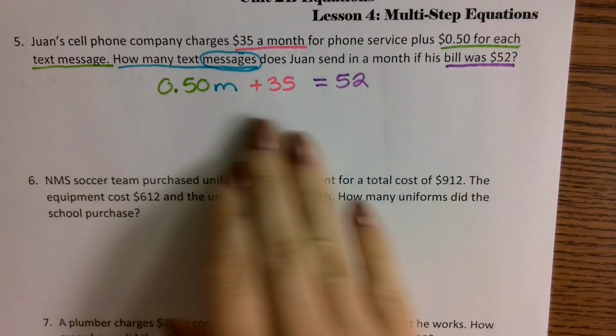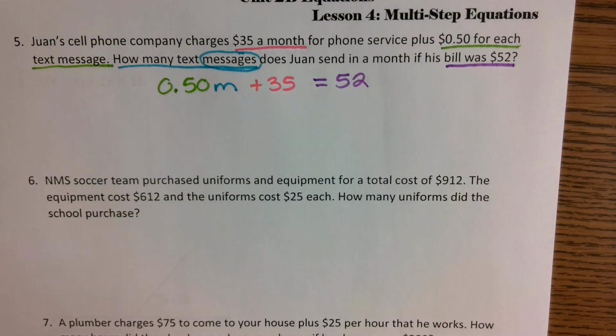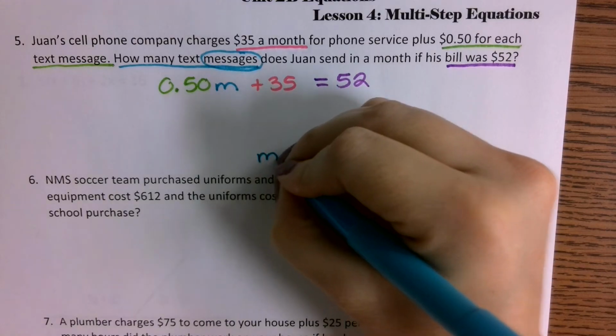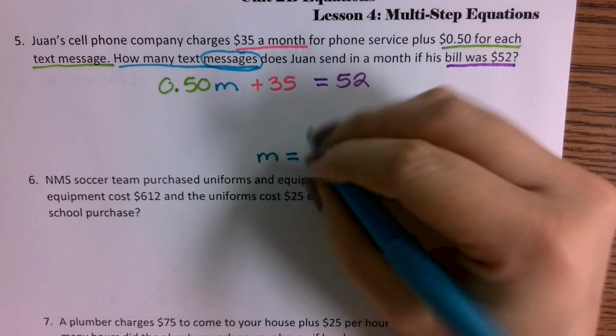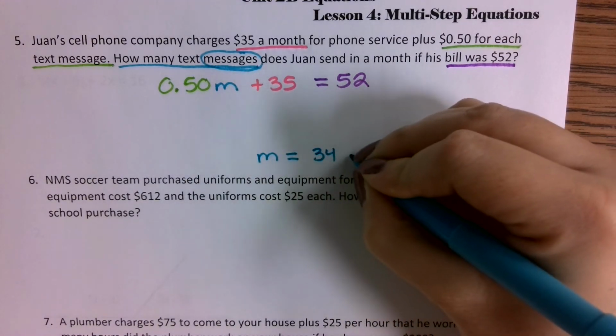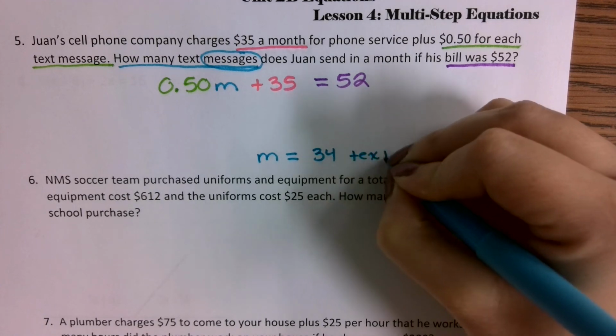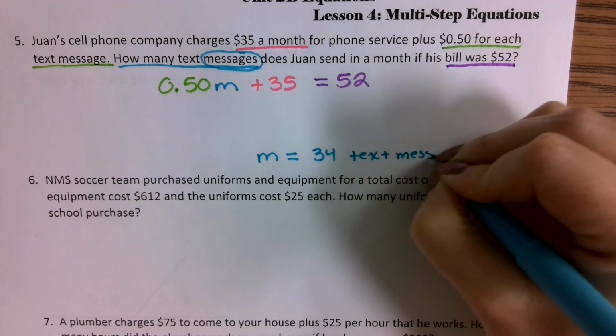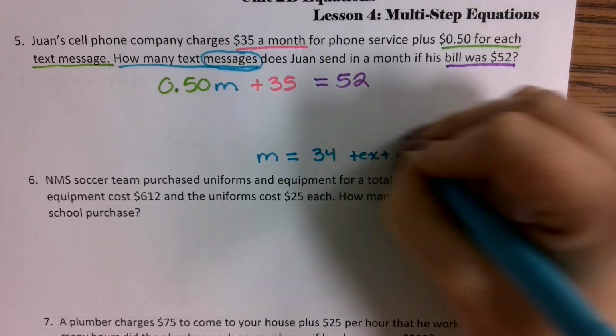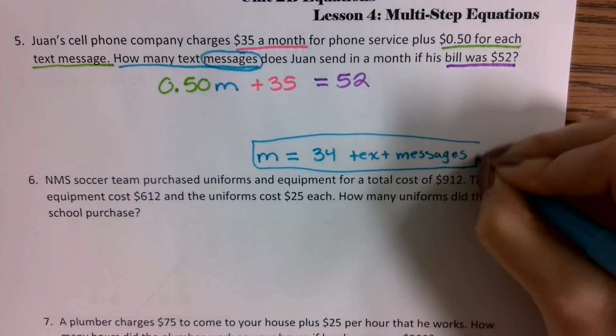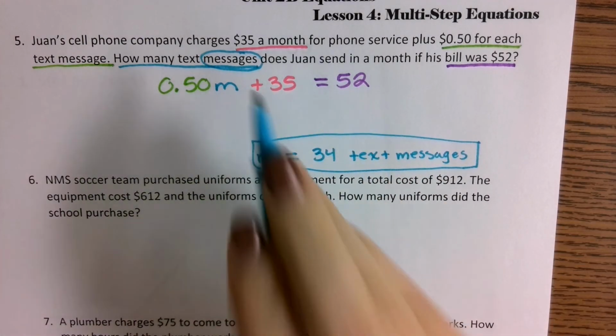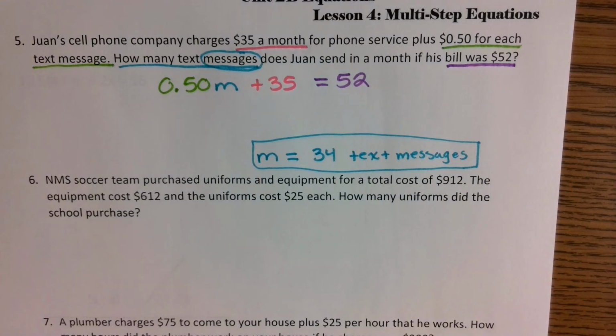That's what the equation looks like. When you solve it, if you solved correctly, the number of text messages he sent that month was 34. You would subtract 35 and then divide by 0.50.